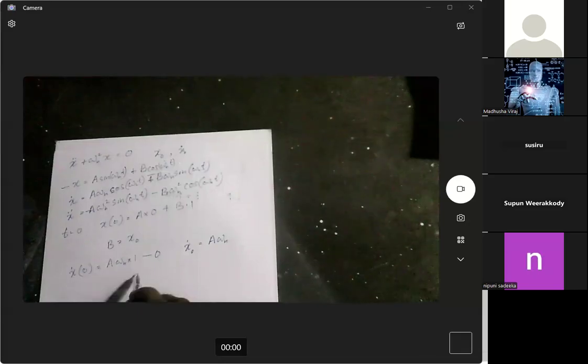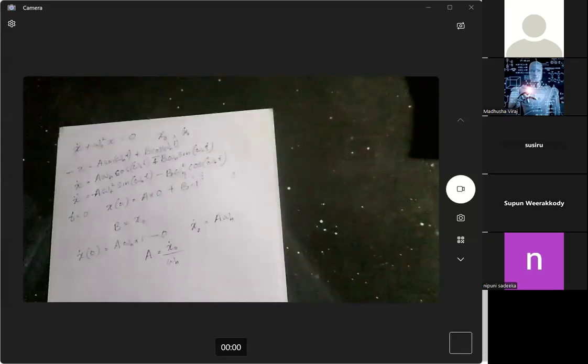Then we can find this constant A as x dot 0, initial velocity, divided by omega n, natural frequency, as this capital A, right? Then we have the complete solution for this system.